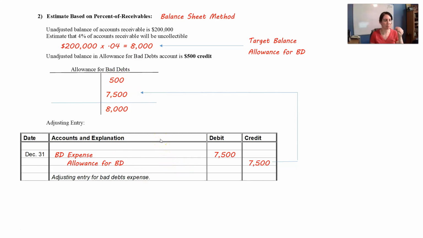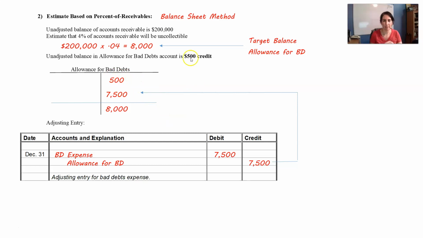Income statement method, just percentage of credit sales, throw that on top of whatever is already in there. So let's say that you'd calculated this was 8,000, it was percentage of credit sales, you would have just added that into the 500, you would be at 8,500. The idea is that that one is a little bit more straightforward. This one, with the balance sheet methods, you have to take into account what is already in there.